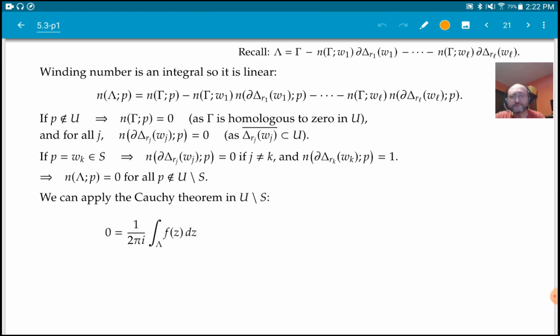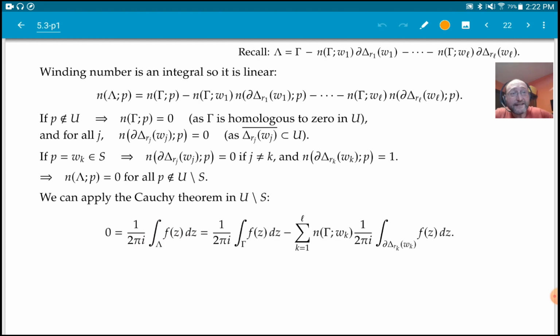All right. So now we're basically trying to prove the theorem. If we look at this integral, because lambda is homologous to 0 in U minus S, and it is a cycle in U minus S, by Cauchy's theorem, it is 0. So that's what that integral is. On the other hand, we'll write that integral out again as a bunch of integrals.